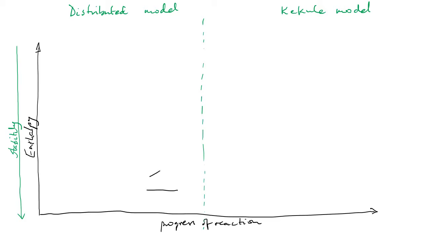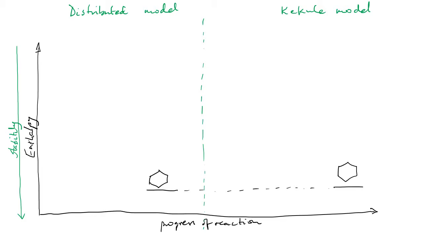So let's just draw that out like so. And so you've got the same in both cases. We're ending up with the same final product, cyclohexane, and they are the same enthalpy, same chemical potential energy, same stability. But in the case of the delocalised model, we're saying that it's less exothermic to hydrogenate.